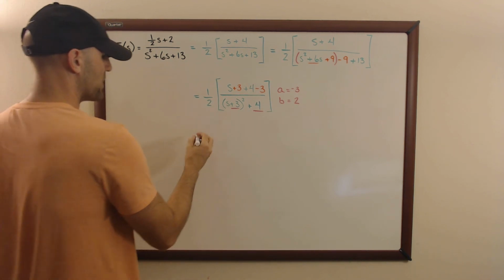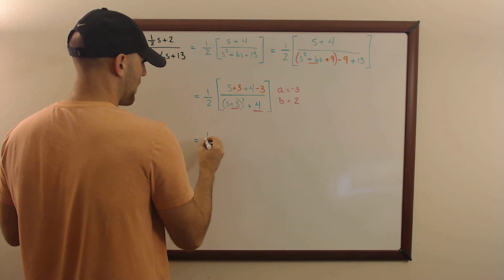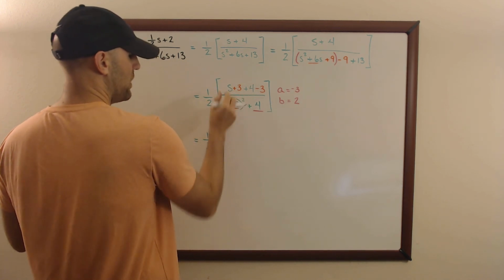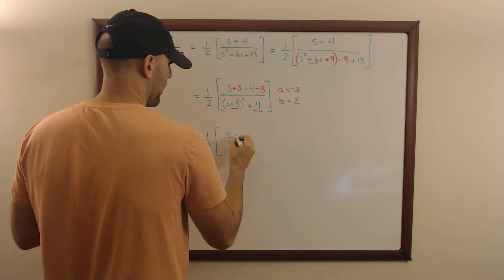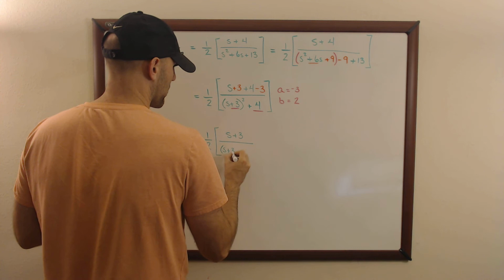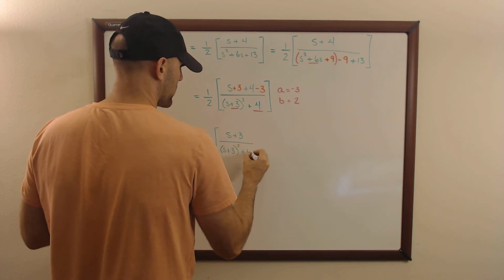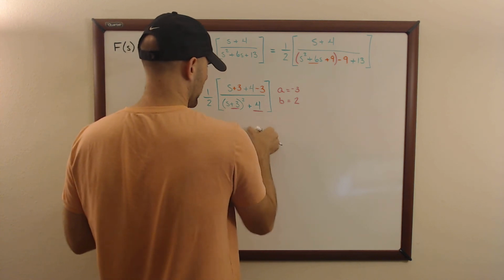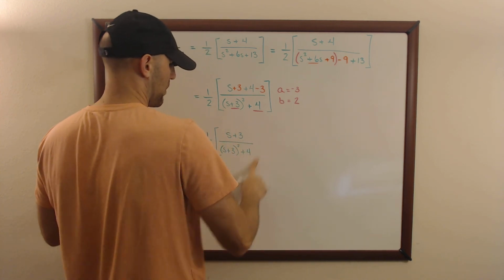So let me rewrite this again. So now I've got 1/2 times, let me pull these two off into one fraction: s plus 3 over s plus 3 squared plus 4. My second fraction, you know what, let me just keep the 1/2 there.